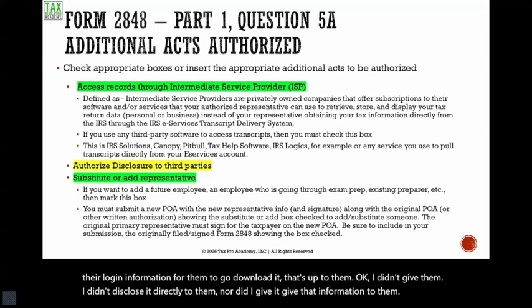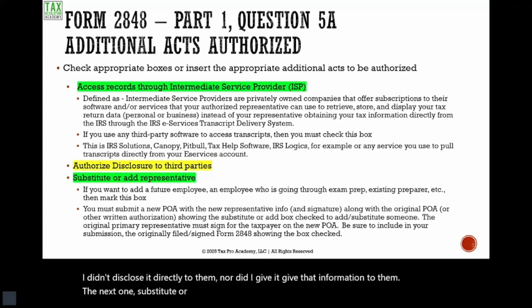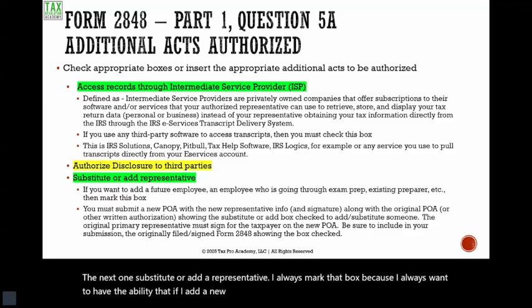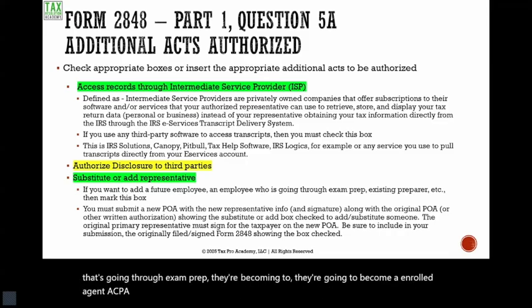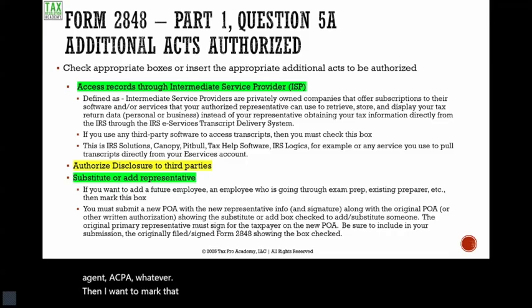The next one, substitute or add a representative. I always mark that box because I always want to have the ability, if I add a new employee, or maybe I have an existing employee that's going through exam prep, they're going to become an enrolled agent, a CPA, whatever, to add them easily.